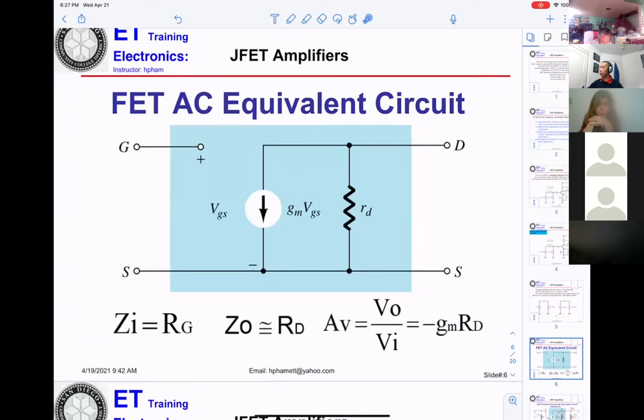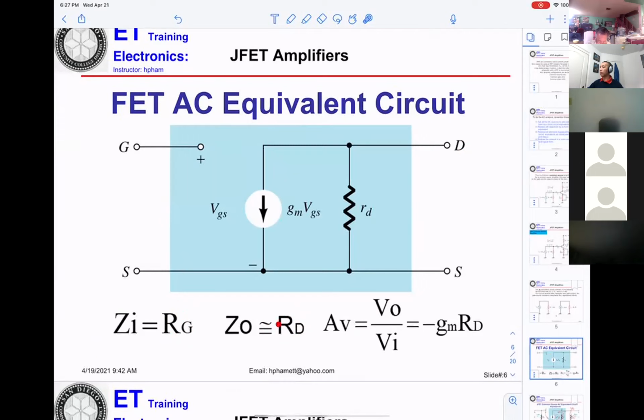Then you can see the big RG, we already displayed, 1 mega ohm. That's the input impedance. And the output impedance, depending on the drain here, you get RD and R load, or only RD. In this case, they show you only RD.